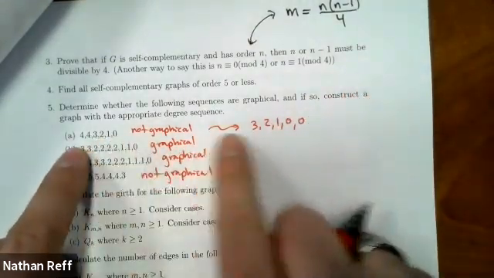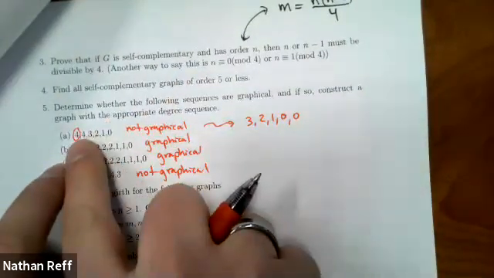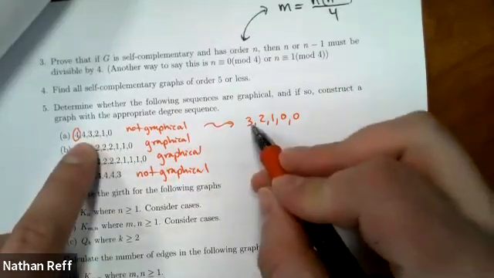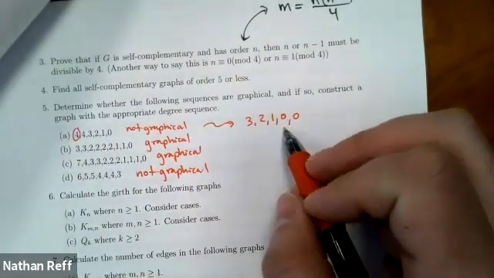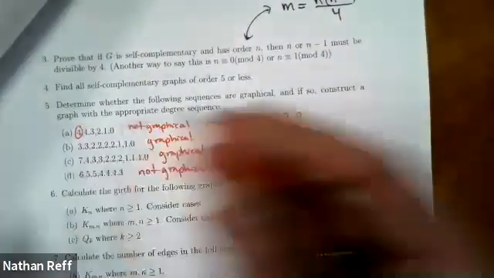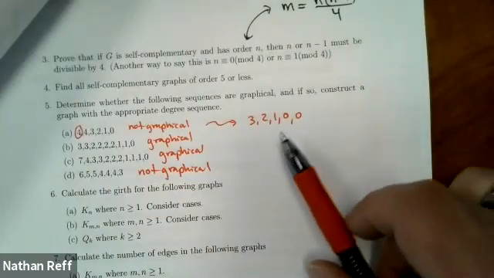After doing Havel-Hakimi once, you'd circle the first one and subtract 1 from the next 4, so you'd get 3, 2, 1, 0, 0. We okay with this? Of course, you would be a lot neater than I'm doing right here, which all of you were. I'm just trying to make this faster.